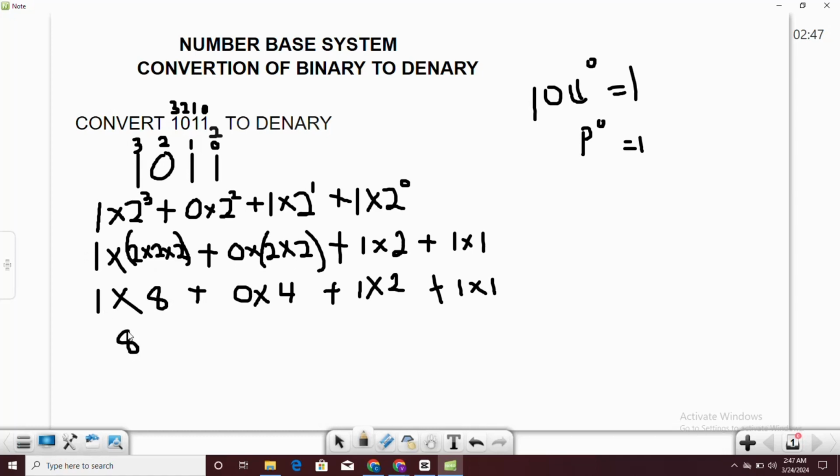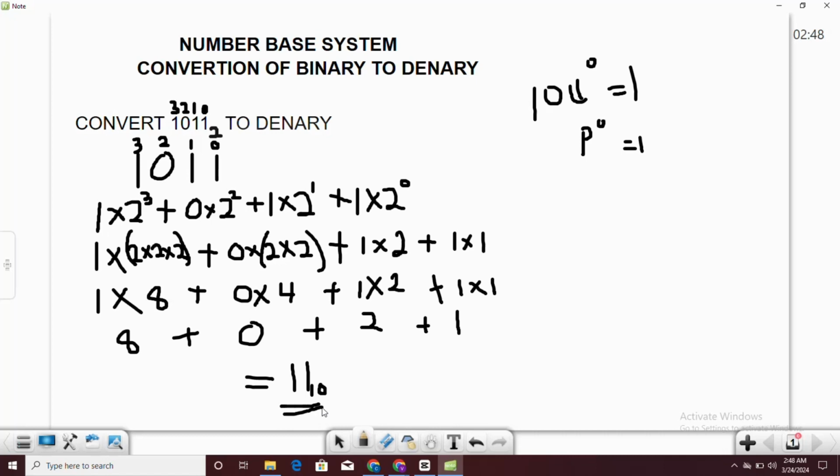So 1 times 8 gives us 8, plus 0 times 4 gives us 0, plus 1 times 2 gives us 2, plus 1 times 1 gives us 1. My final answer will be 8 plus 0 is 8, plus 2 is 10, plus 1 is 11. So that will be 11 base 10.